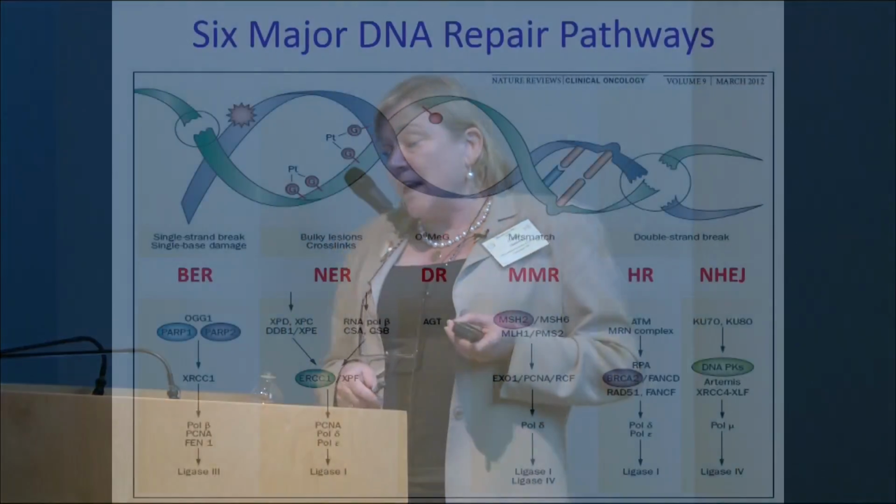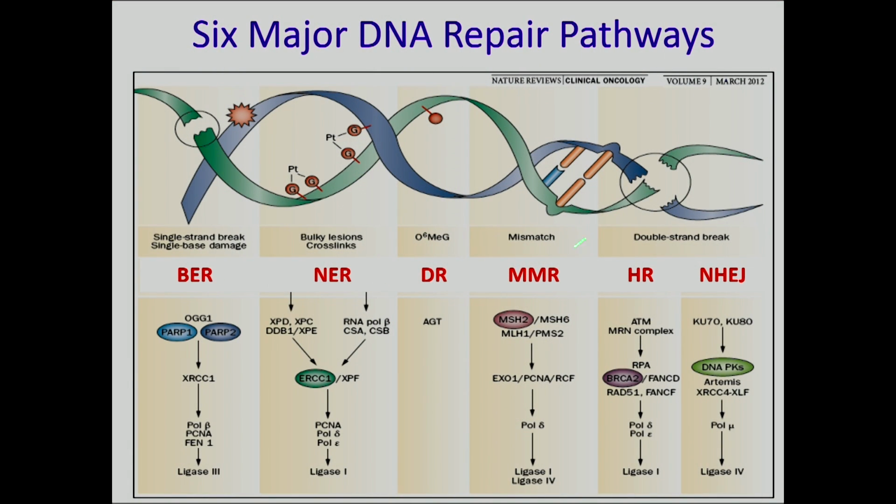It turns out that there are 6, and in fact, again, in the next talk, there'll be a 7th that you'll hear about, but 6 major DNA repair pathways that take care of all this kind of damage that's occurring spontaneously and being induced by environmental agents. These are base excision repair, nucleotide excision repair, direct reversal, mismatch repair, which you'll hear more about, homologous recombination, which you'll hear more about, and non-homologous end joining.